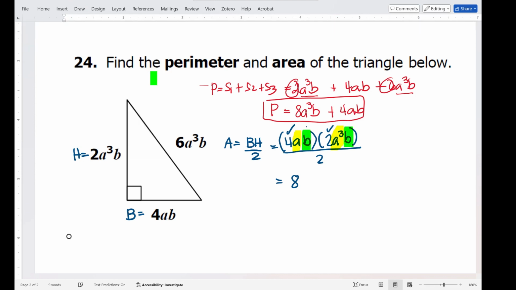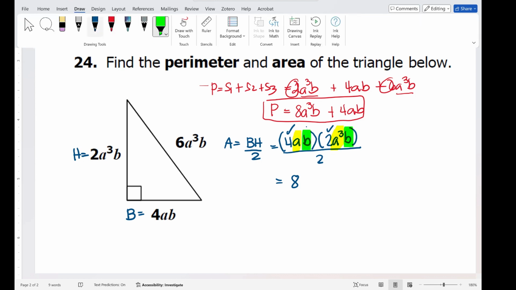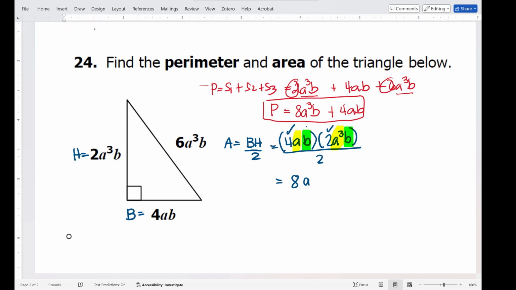When you're multiplying, you're going to add the exponents. Here we go. Let's start with a. a times a cubed. I'm just going to add them. So a, 1 plus 3, it's 4. Next, b times b, it's b squared, all over 2.